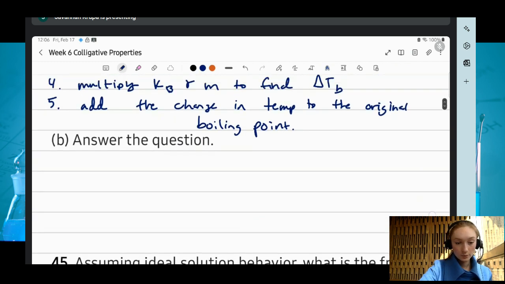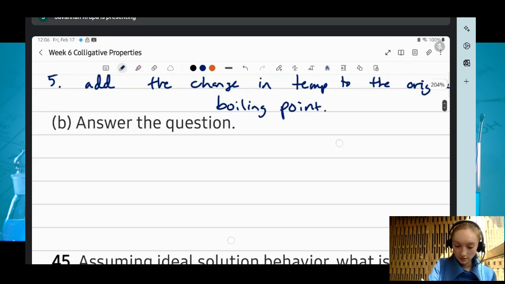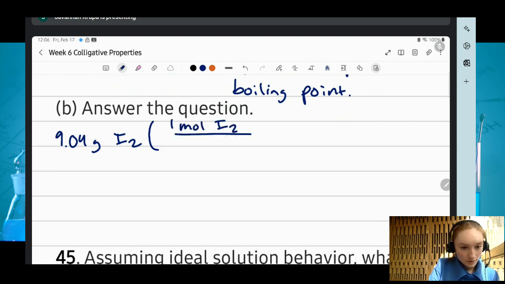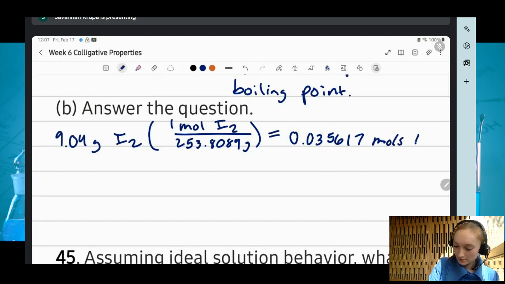Okay, so our first step was to convert the grams of the iodine gas to moles. The question gave the mass, 9.04 grams of I2. Then using the molar mass, 253.8089 grams per 1 mole, we'll get 0.035617 moles of I2.